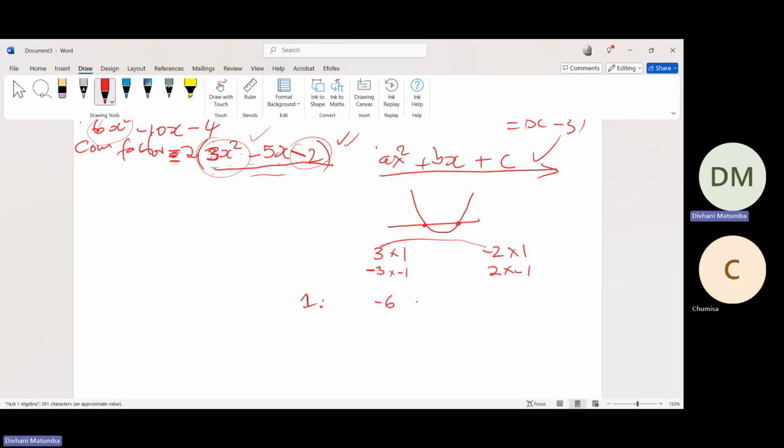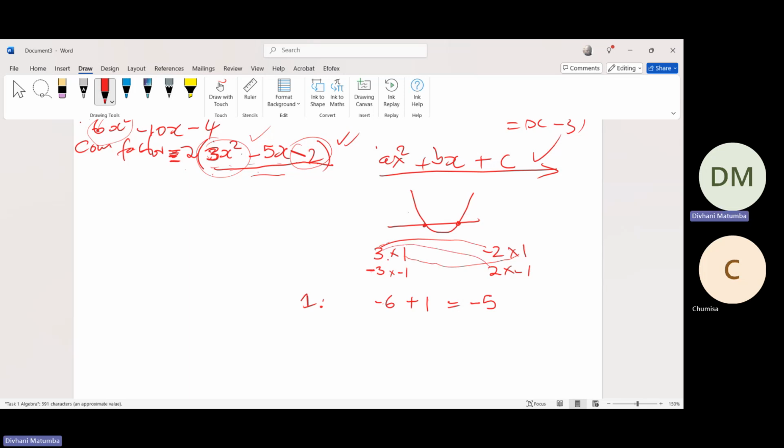Then -6 plus, because I'm going to multiply 1 by +1, plus 1. What do we get? -5. Okay, let us try others as well and see.